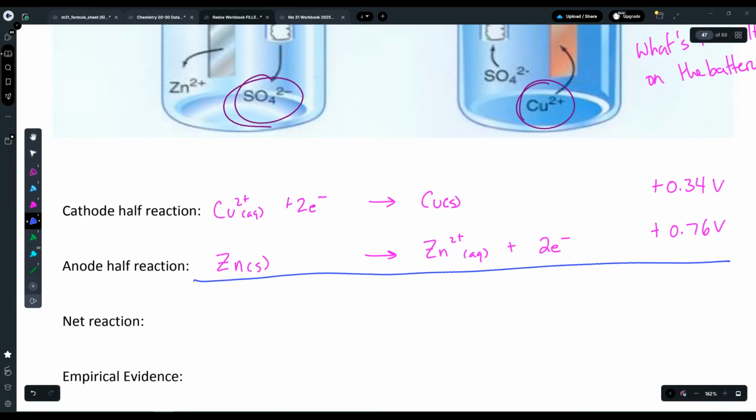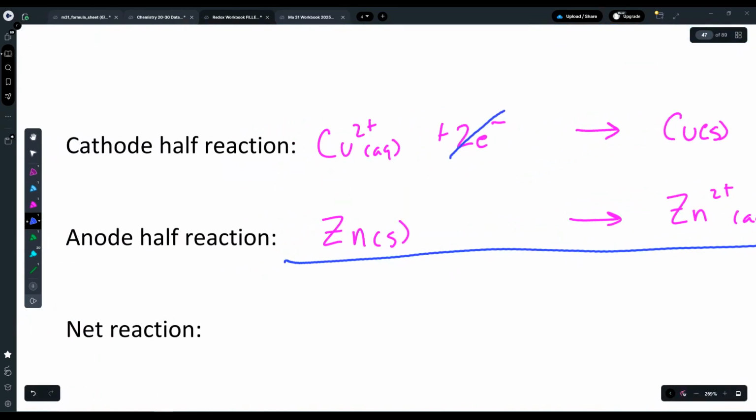Remember when we're adding up half reactions, your goal is to make it so that the electrons cancel out. Since we have the same amount of electrons on opposite sides, these are going to cancel out already. We don't need to multiply one half reaction or the other. So now we can just go into the net reaction.